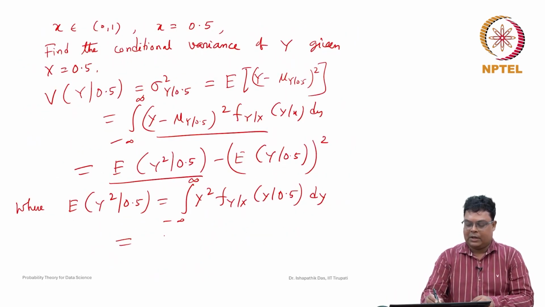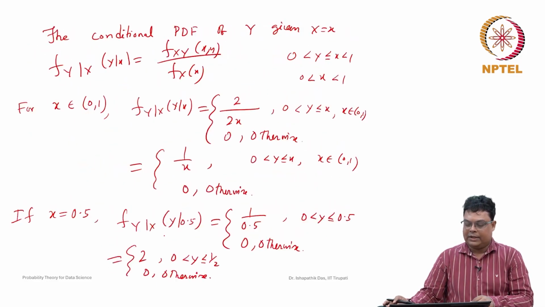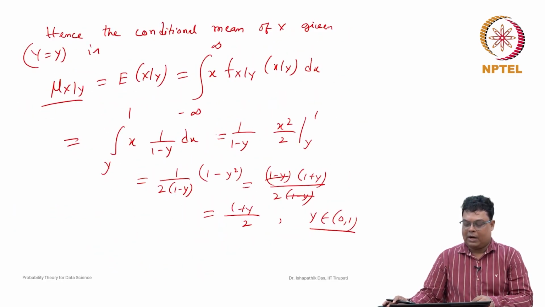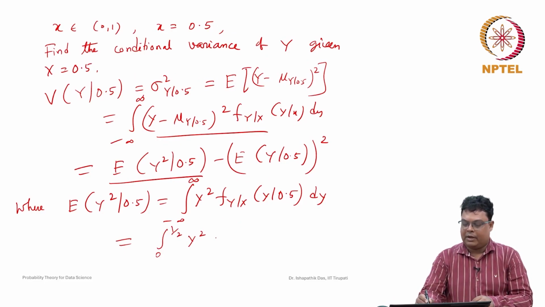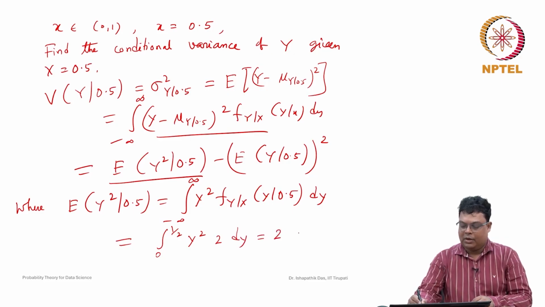So this density is non-zero whenever y is between 0 and half. That's why we write the integral from 0 to half of y square times the density of y given x equal to 0.5. In this region it becomes 2, and then y dy. So this is 2 times the integral of y square, which is y cube by 3, with limits 0 to half.